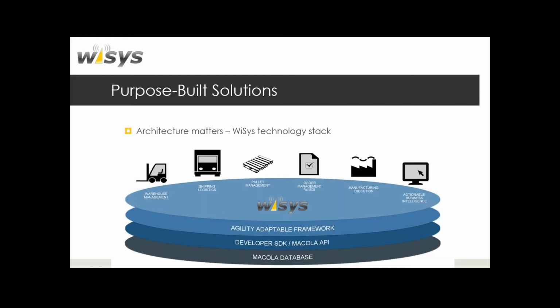Then about 5 years ago, we decided we wanted to build a rapid application development environment so that we could build out our modules, like our warehouse management, shipping logistics, pallet management, etc., or even manufacturing systems on top of an open framework architecture that would allow customers and consultants to easily take our existing applications and tailor them to meet any customer's needs, and would not have to have programmers.